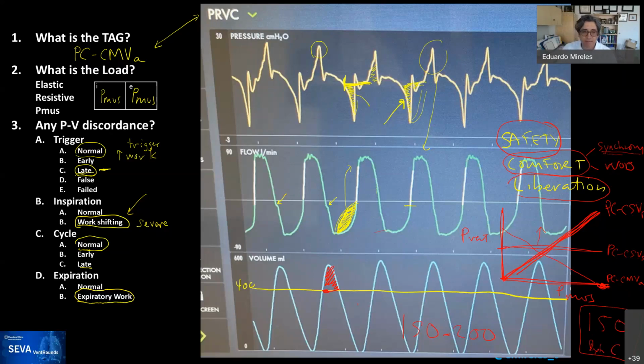Great comment. Dr. Mireles, one question. Yeah, go ahead. It's probably an oversimplification, but thinking of the diagram of the work of breathing, P-vent and PMUS, in simple terms, is it okay to think of PRVC as sort of a weaning mode?